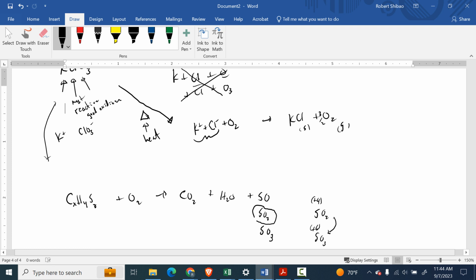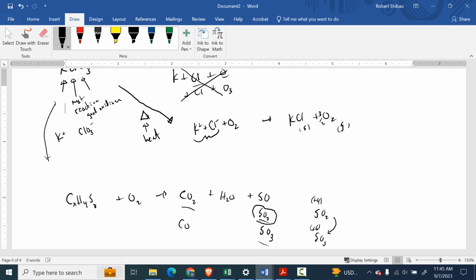But there's a bit of a guessing game here. The same thing here: why did we form CO2? Couldn't it have formed carbon monoxide? Yes, it could have, and maybe lots of carbon monoxide formed. So there's a bit of a guessing game, but we're just going to assume complete oxidation. Well, if we assume complete oxidation, then maybe we should have taken it to sulfur trioxide.